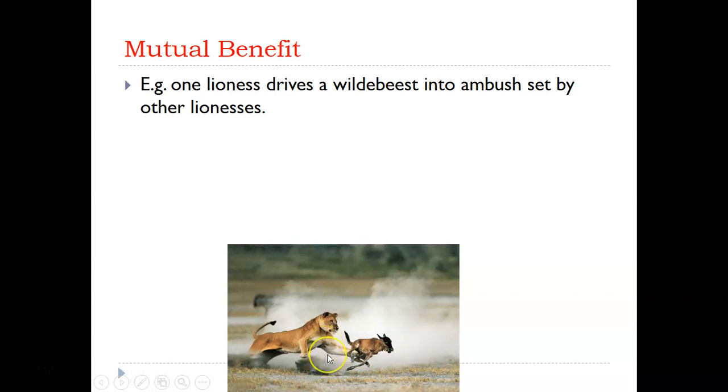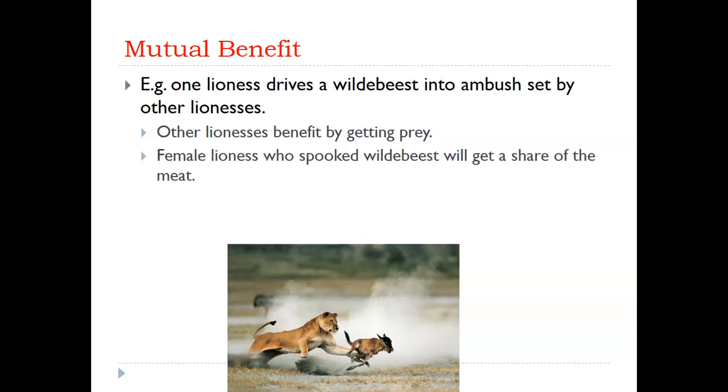Not only are they good hunters, but they're incredibly good at using teamwork, where one lioness will drive a wildebeest, in this case it's a wildebeest calf, into another, and then into another. They kind of wear it down, they get it tired, and then they eventually drive it into an ambush set by other lionesses, and then all of them get to feed upon that initial wildebeest.